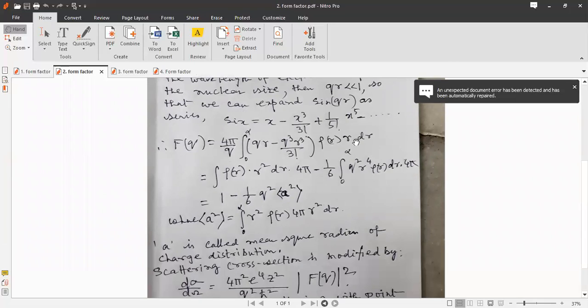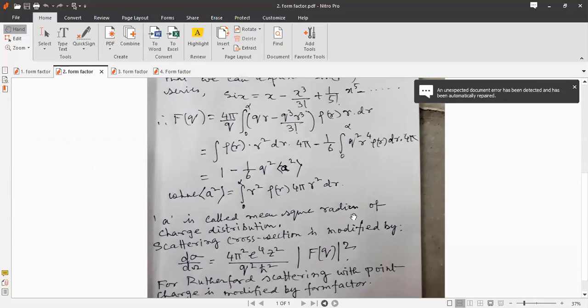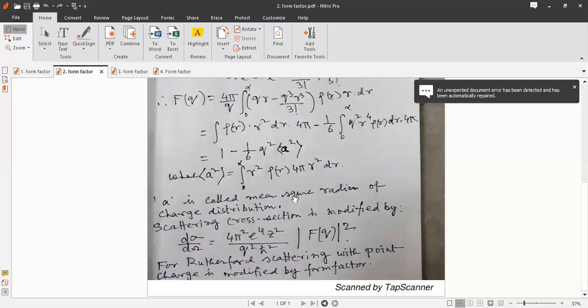With this expansion, taking only the first two terms and neglecting the other terms, ultimately we can write the whole expression as 1 minus 1 by 6 q square times a square average. That a square average is replaced by this whole integration, and this A is called the mean square radius of the charge distribution.